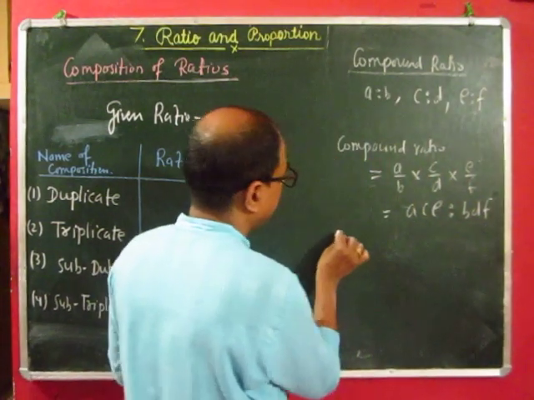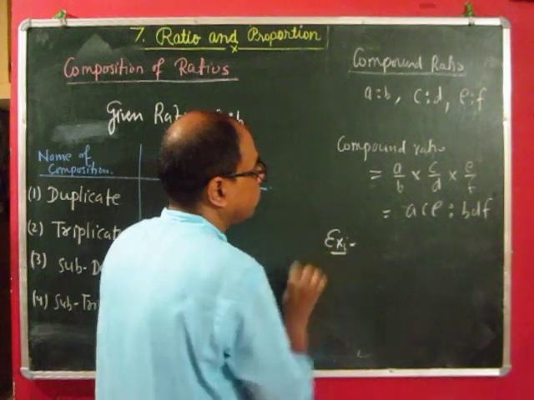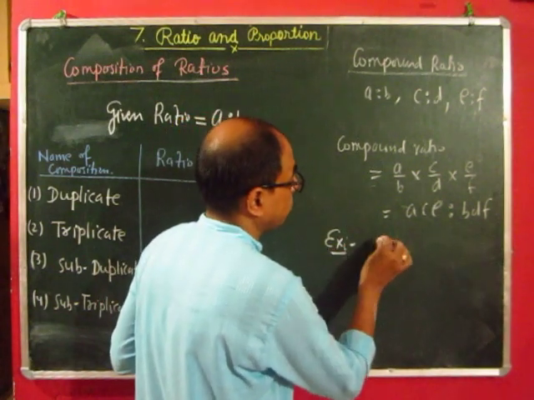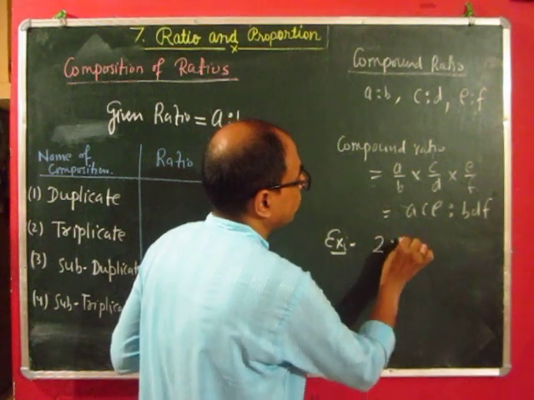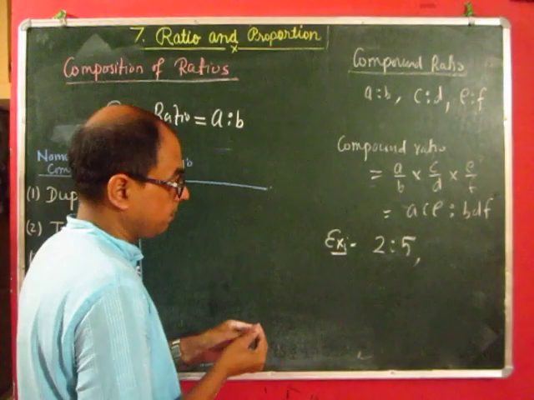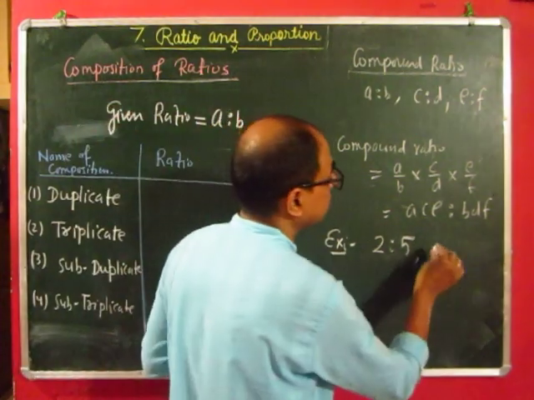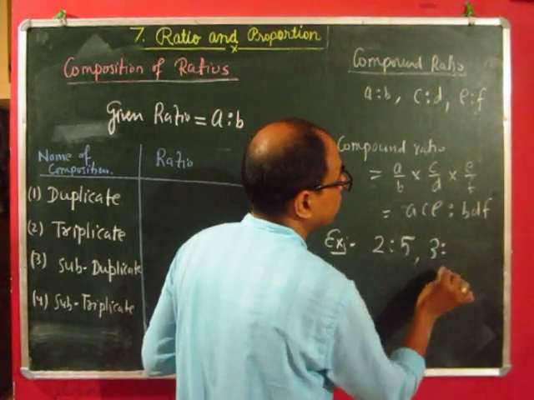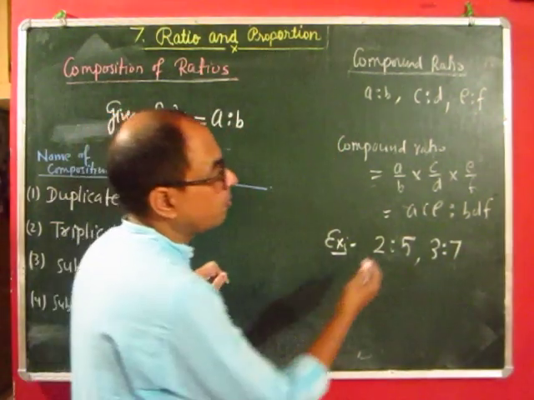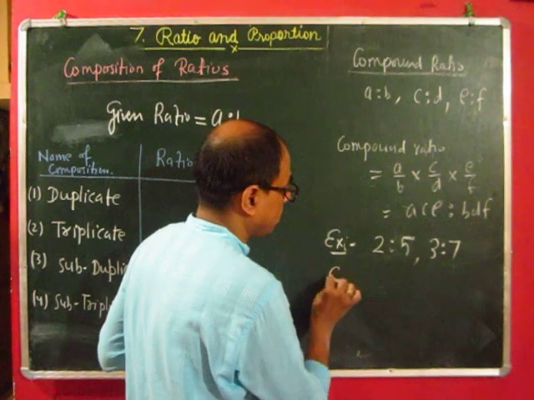For example, suppose one ratio is 2 is to 5, and the second ratio is 3 is to 7. You have to find the compound ratio.